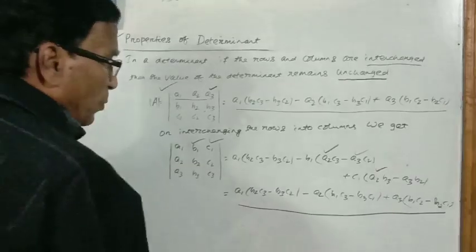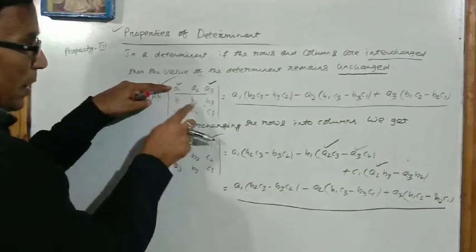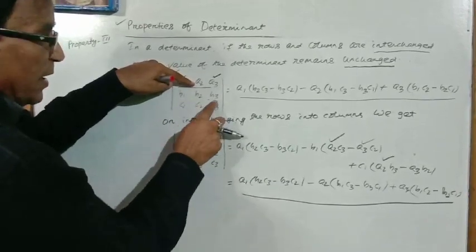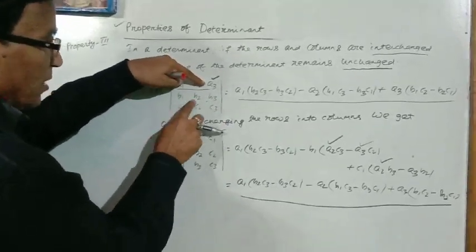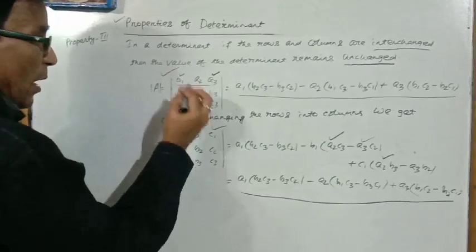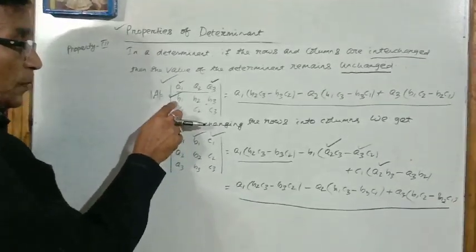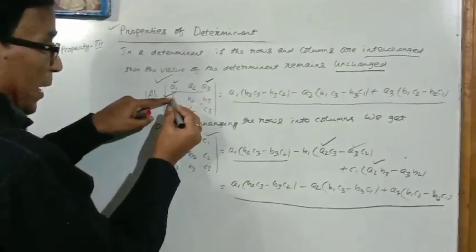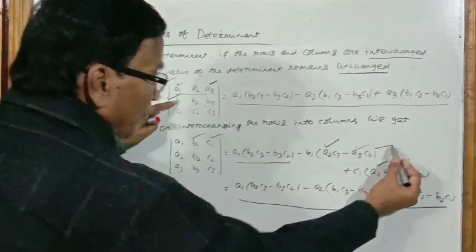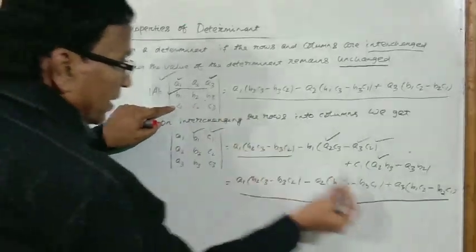That means we can expand either this way, that A1 into B2 C3 minus B3 C2 minus A2 into B1 C3 minus B3 C1 plus A3 into B1 C2 minus B2 C1, or we can expand it in this way, that A1 into B2 C3 minus B3 C2 minus B1 into, you omit the second row and first column, so it is A2 C3 minus A3 C2 plus C1 into, omitting the third row and first column, we are getting A2 B3 minus A3 B2.